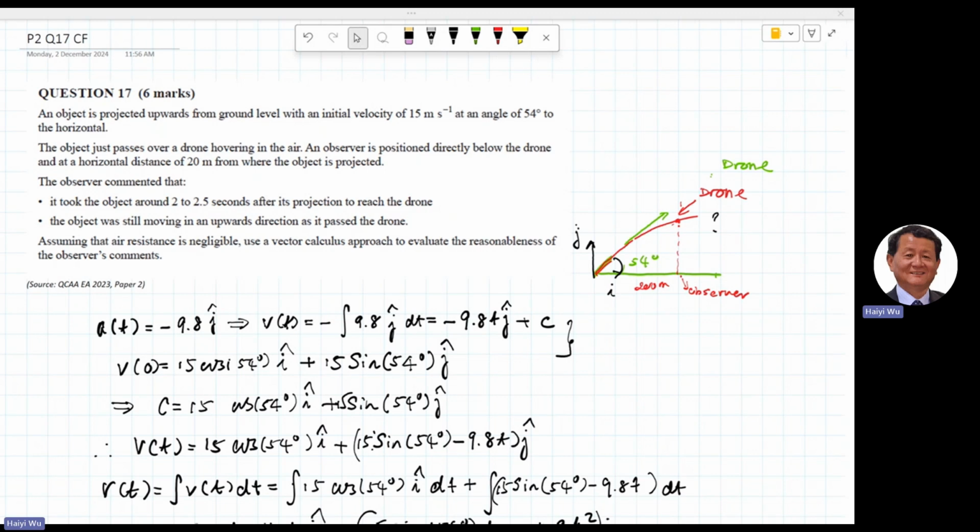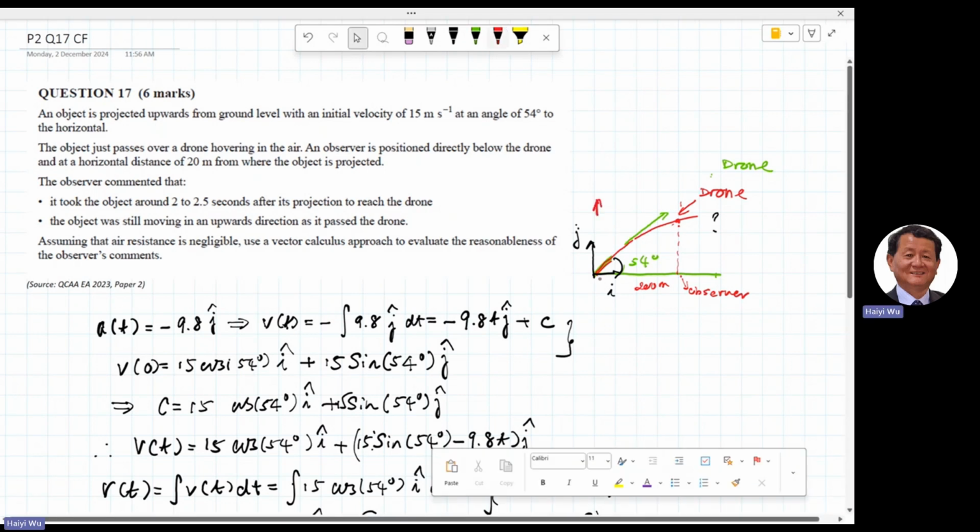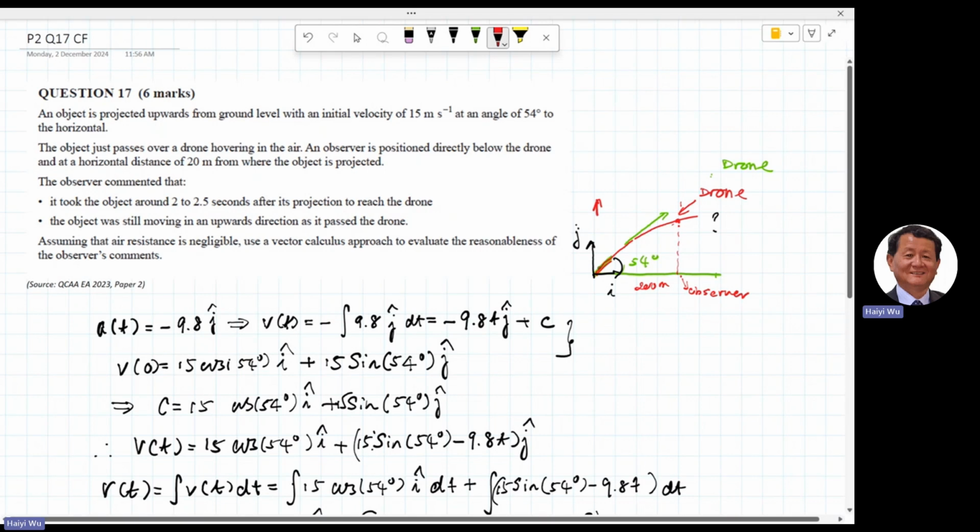Basically, we have the object flying upwards first, but eventually it will travel like a parabola.